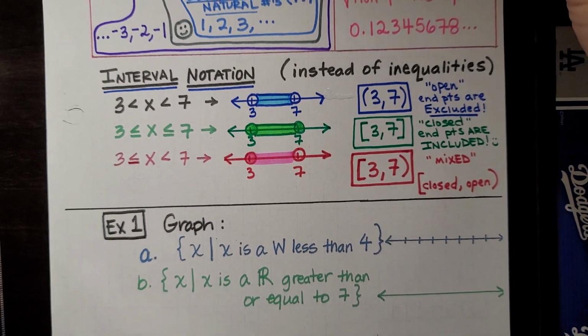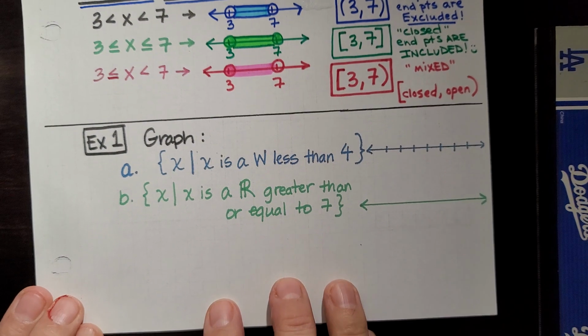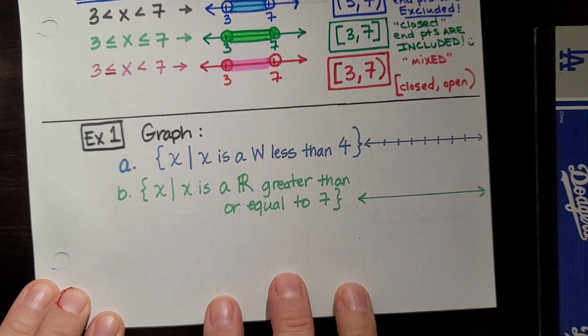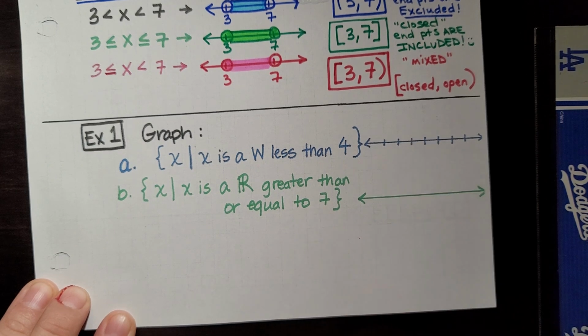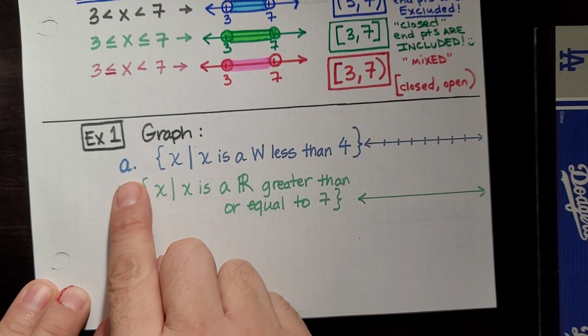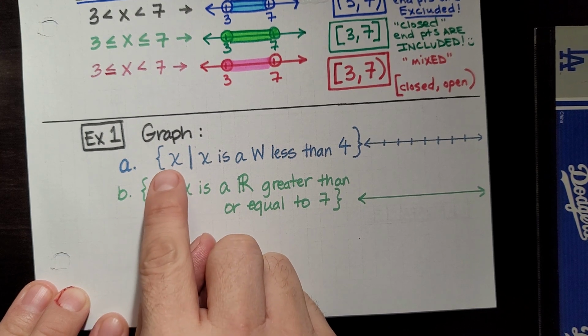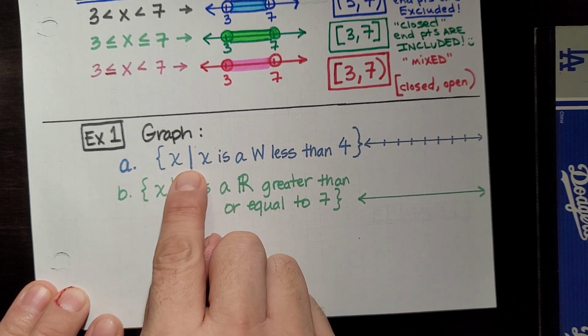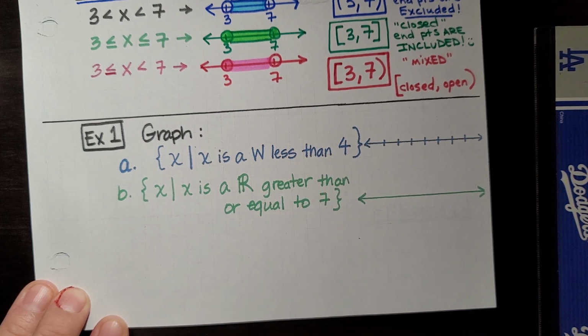Let's take a look at example 1 today. We want to graph these two sets on the number line, and the first one says the set of x's such that x is a whole number less than 4. I need this.